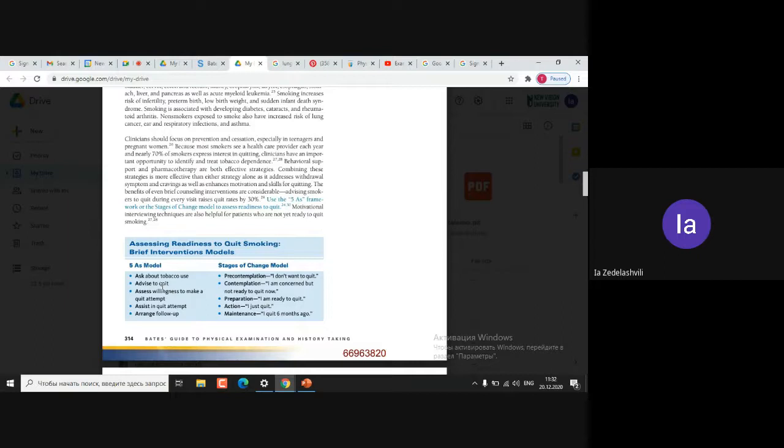Why? Because using tobacco gives you two kinds of problems. First is somatic and another is psychological. So both of them must be protected through the period of quitting, if I can say so.